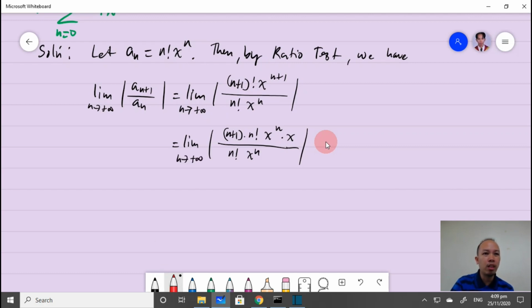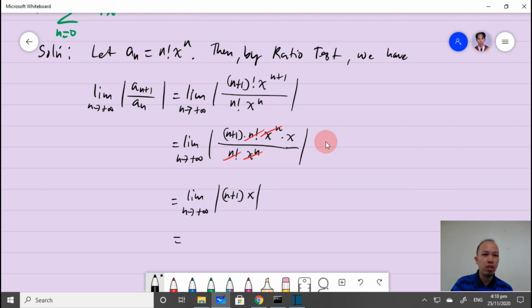So now we can cancel out n factorial and x to the n. What remains here will be the limit of n plus 1 times x as n approaches positive infinity.